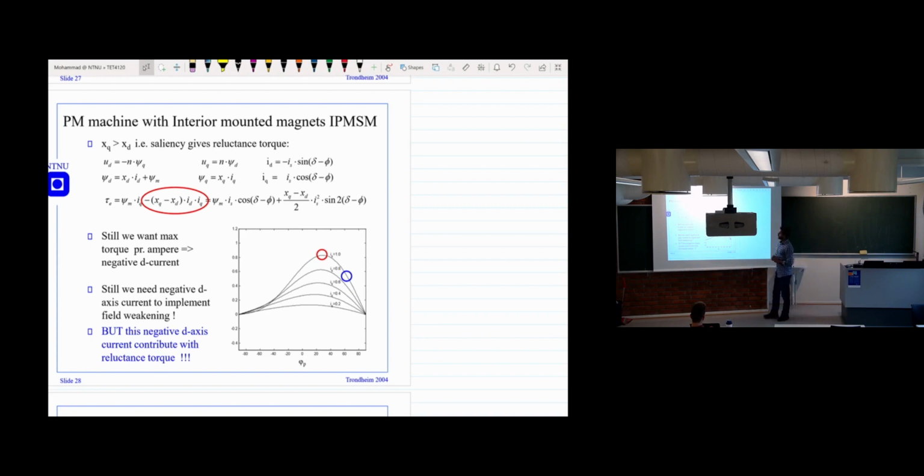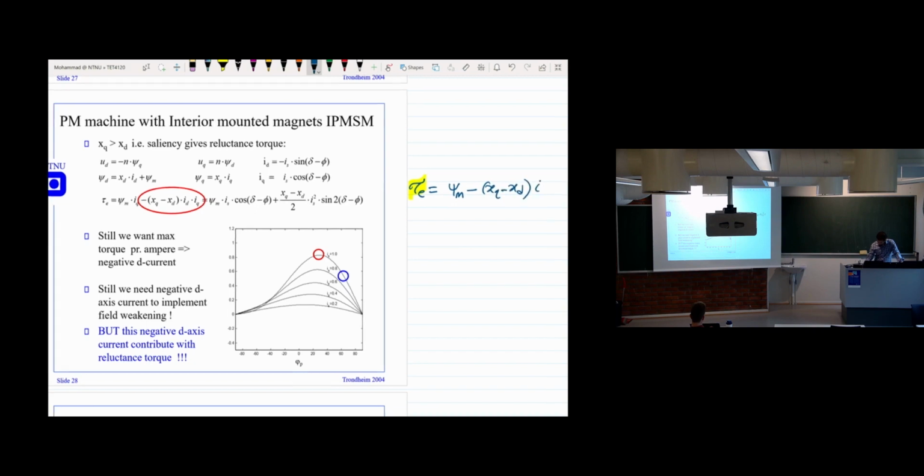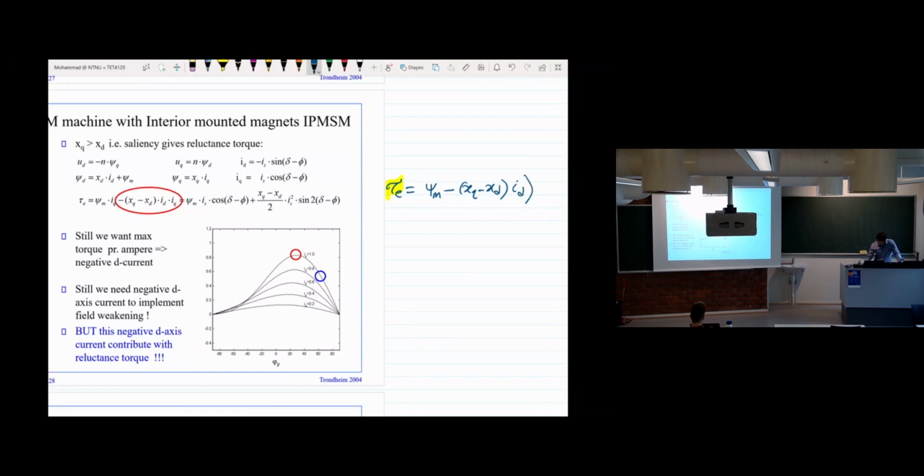In the interior mounted machine, we have the same torque equation, and we can also write this torque equation like this: torque is proportional to psi m minus (Xq minus Xd) times Id, times Iq. So this is the equation that we can write.